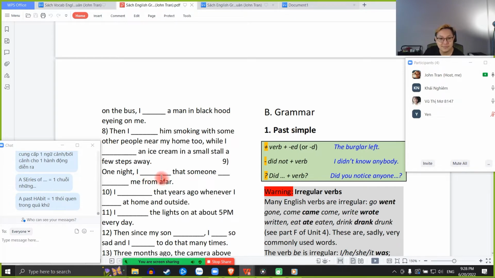I noticed that, it's an action. Someone was watching me from afar. That is a context. Cái bối cảnh đó là gì? Khi ai đó đang nhìn tôi từ xa. Hành động là gì? Tôi nhận ra điều đó. Đó, mọi người thấy không? You see? Any question? No.